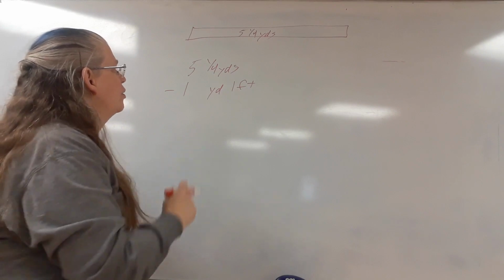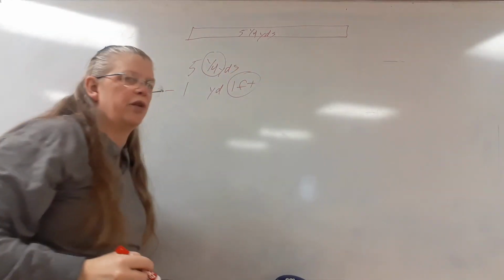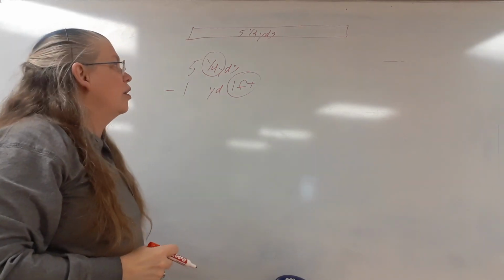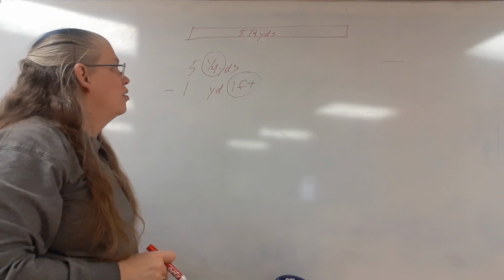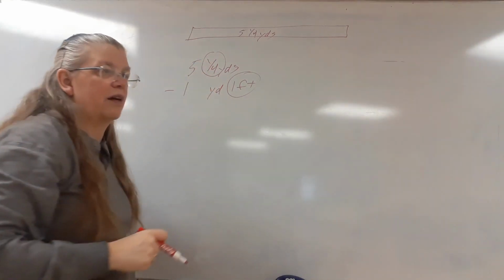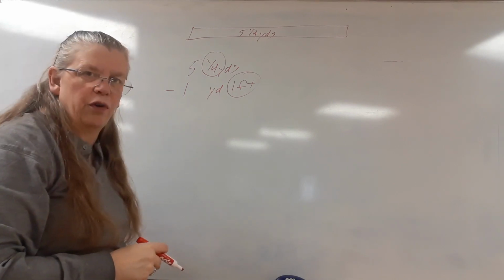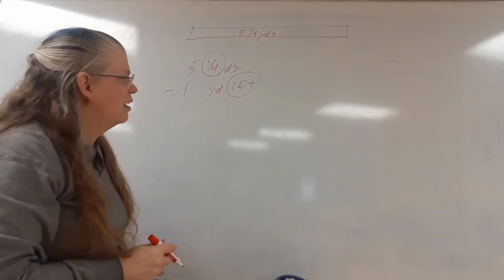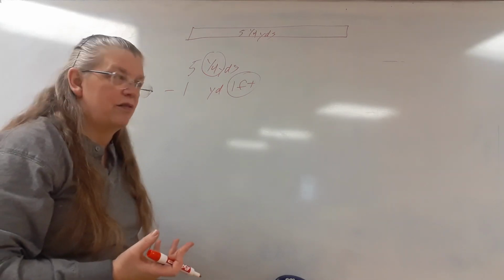Okay, well, first thing we have to do is get this 1/4 yard and this foot in the same units. Okay, we know that 3 feet make a yard. Okay, so multiplying this 1/4 by 3 is not going to help. We'd end up with 3/4 minus 1 foot. So we need to change everything into inches.